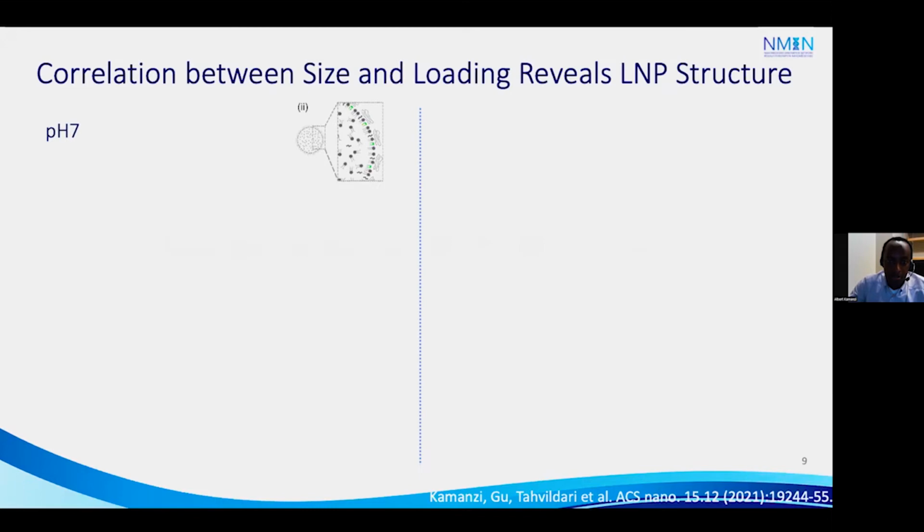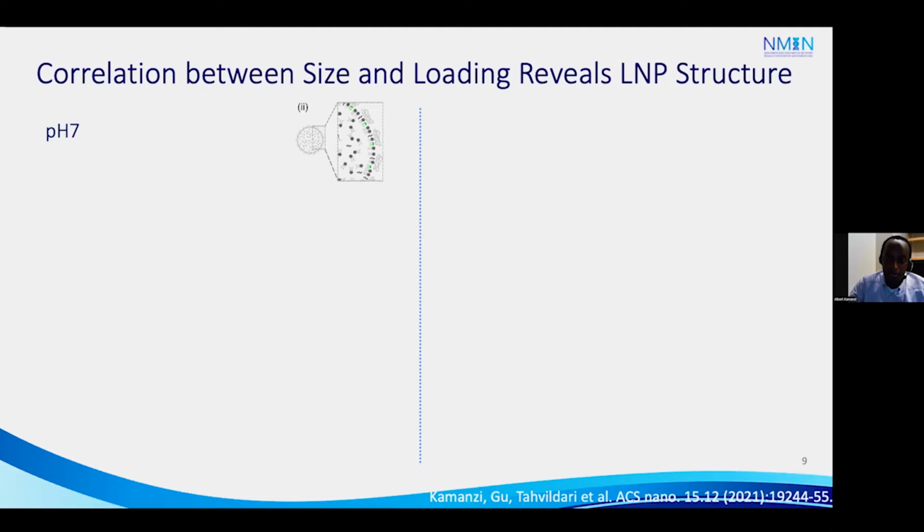Again, as mentioned, we track single particles and then build distributions of size and loading of those particles. For this particular study, we looked at unloaded lipid nanoparticles, and we labeled these nanoparticles with a lipophilic dye. These dyes have a hydrophilic head with hydrophobic tails. Hence, they can only insert themselves in the surface of the particle. They don't like to be in the volume of these particles.